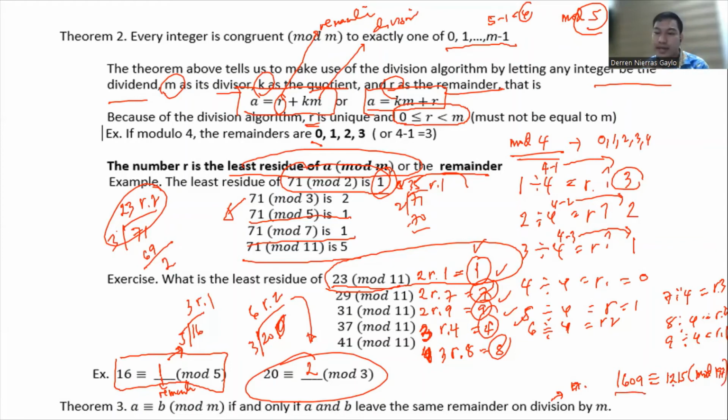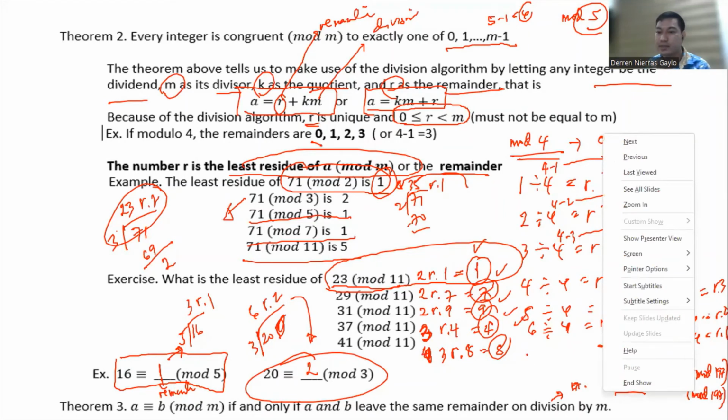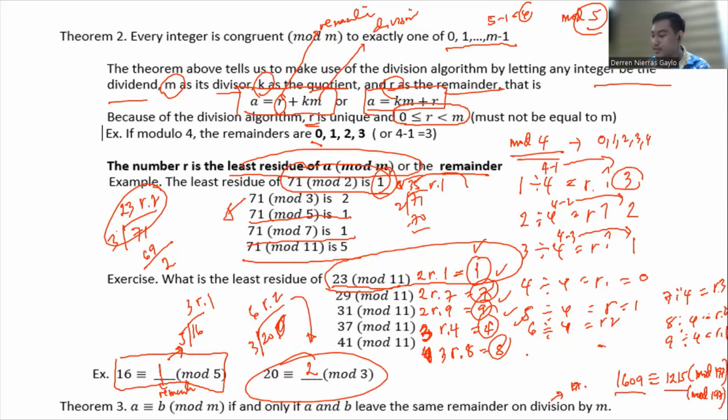Because if you get their remainders, they are the same in modulo 197. Okay, let's note that one. 1609 divided by 197 is 8, with a remainder.